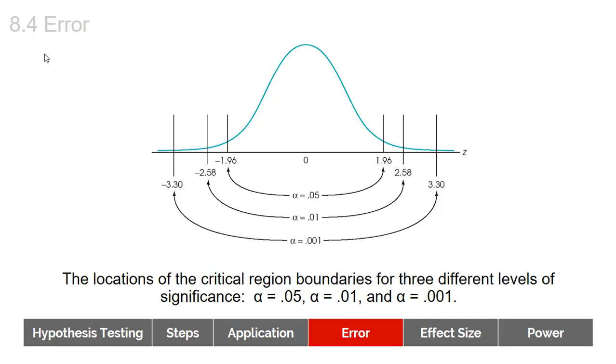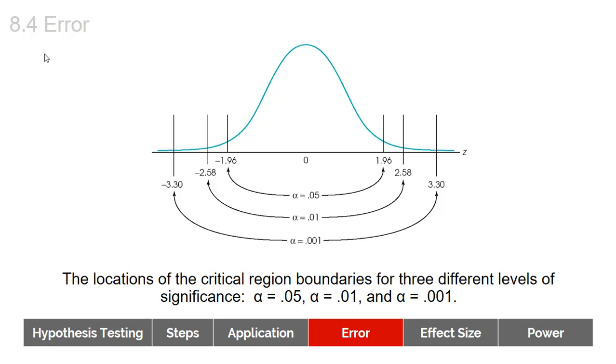So it's a harder bar to jump over, a higher bar for sure. It does reduce the possibility of us making a type 1 error, but it also increases our type 2 error. We might be missing something. If something was significant at 0.05, it might not be significant at 0.01.